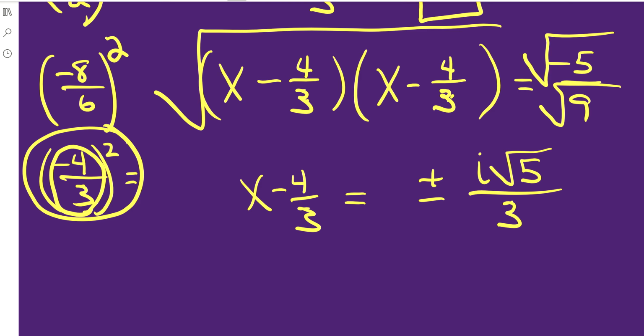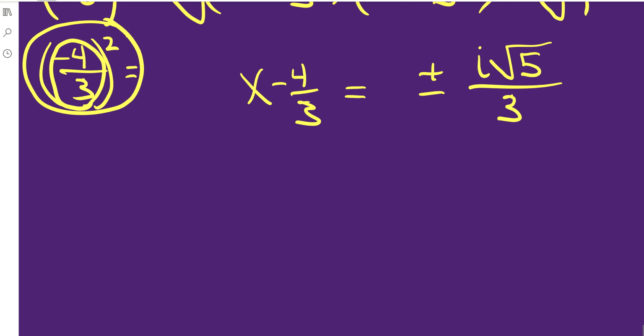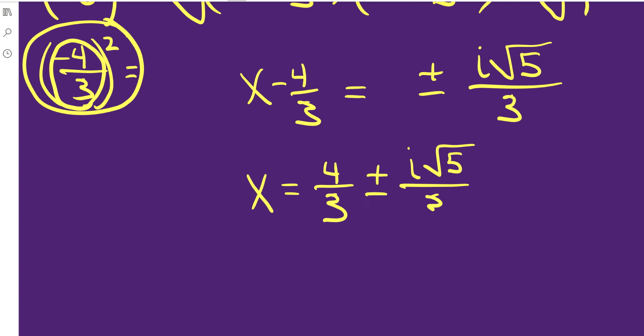Okay, take a good look at that. And now all I have to do is get x by itself by adding 4/3 to both sides. If I do that, then x is going to equal 4 over 3 plus or minus i root 5 over 3.